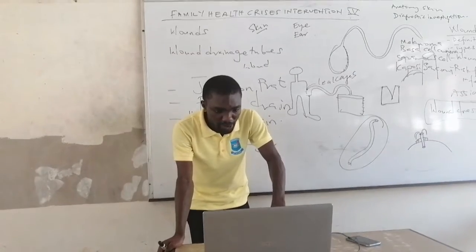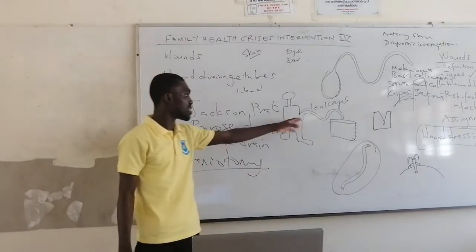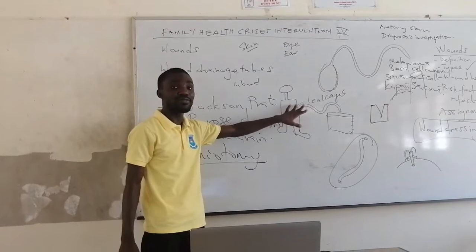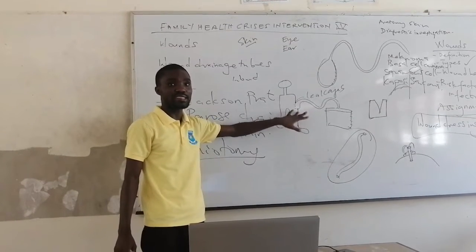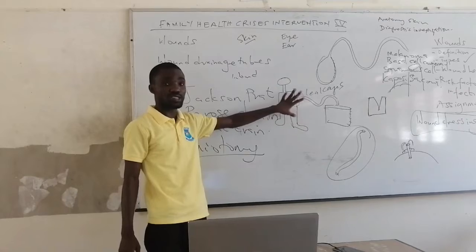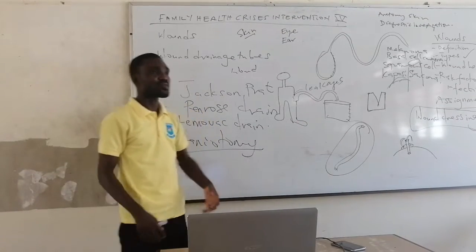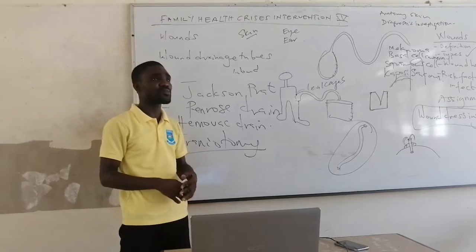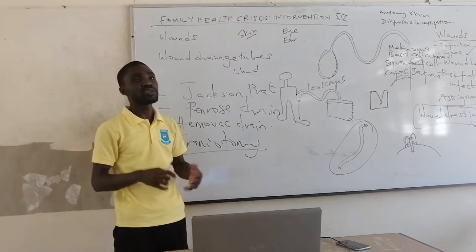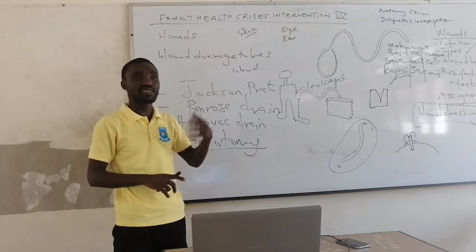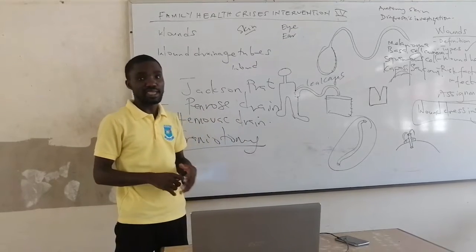And then apart from that, there is a possibility that there can be infection at the site where the drainage tube was inserted, right? So you have to also monitor the site, especially as nurses. Most of the time after surgery, we don't open the wound till the second to the third day, right?